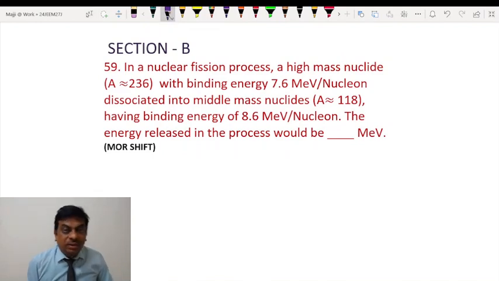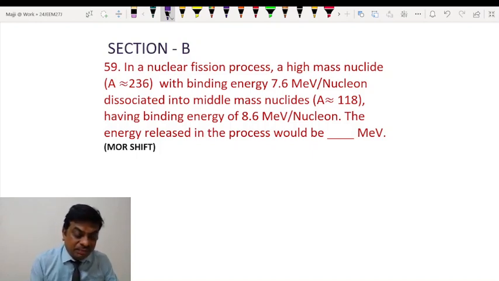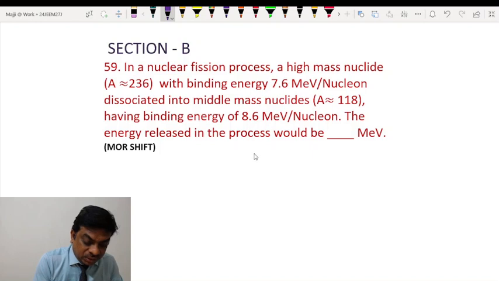Now students, in these kinds of questions, whenever there is an energy release, certainly there has to be a mass defect. That means the original mass will be more than the final mass. Original mass means mass of the reactants, whereas mass of products means the mass obtained after the nuclear reaction.